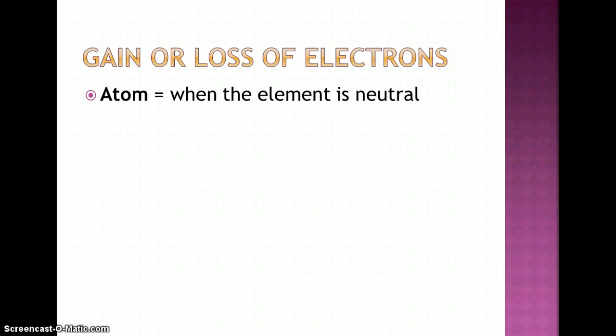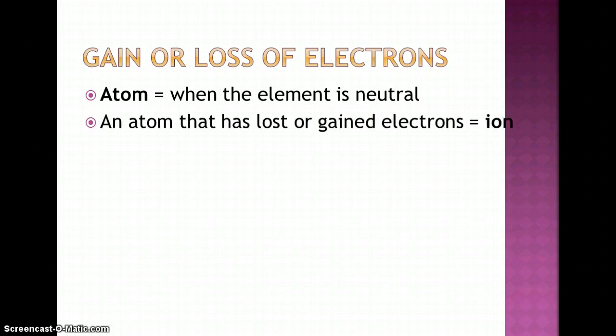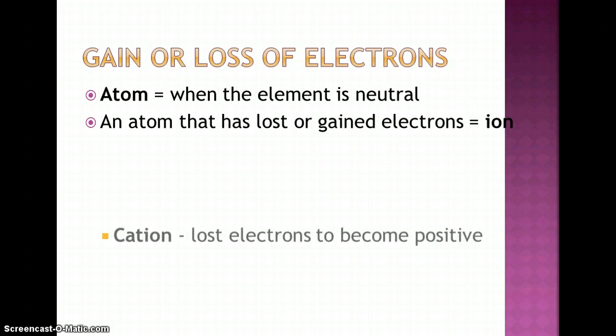So as soon as the atom of that element gets into nature, it's going to automatically gain or lose electrons and become an ion. This happens naturally in every element, except for those exceptions. Noble gases are our only ones that don't gain or lose their electrons.